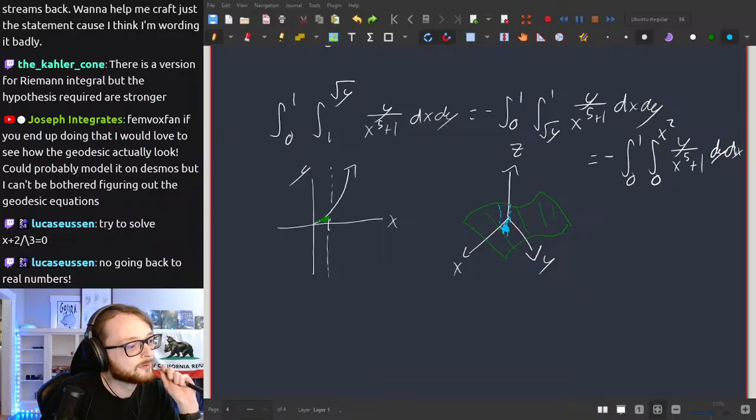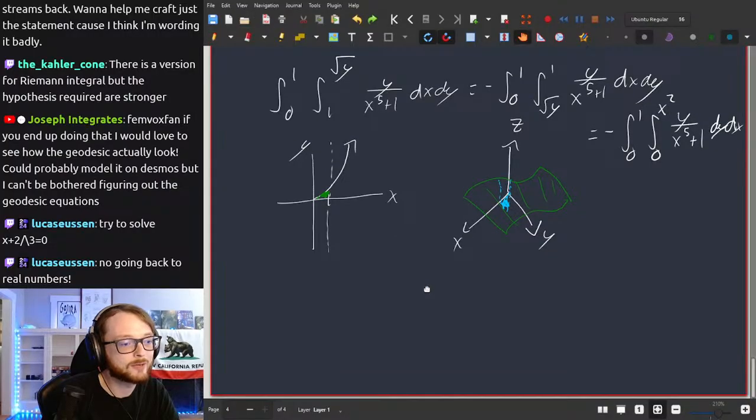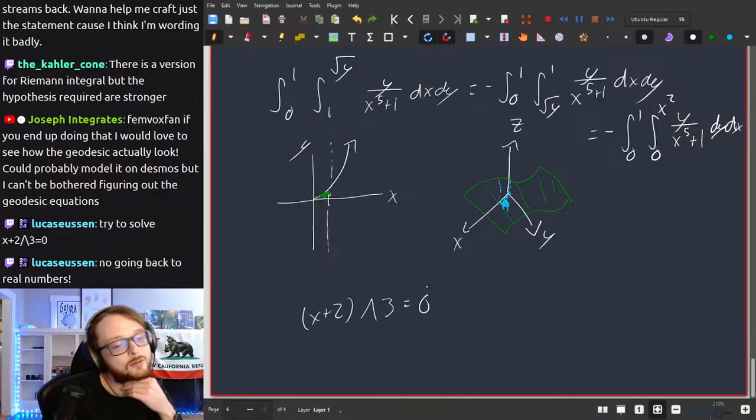Okay. No going back to real numbers. Is this like in parentheses x plus 2? I guess maybe not.